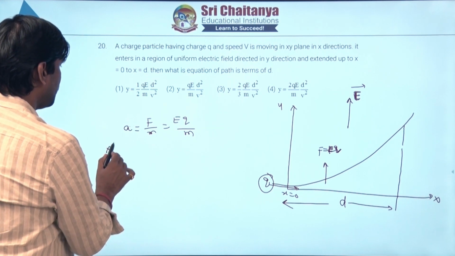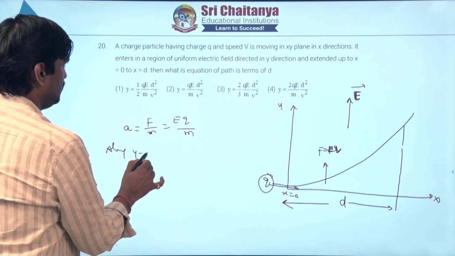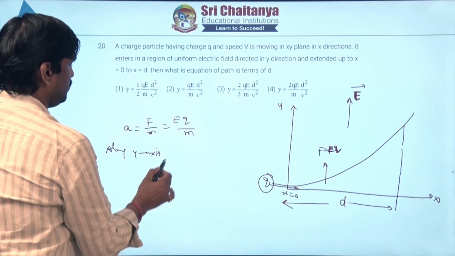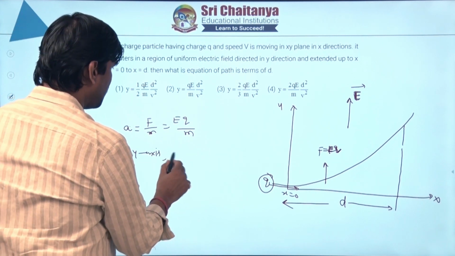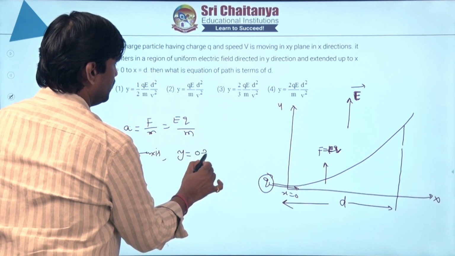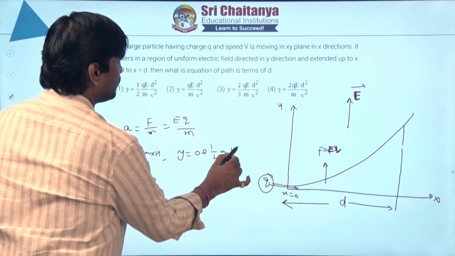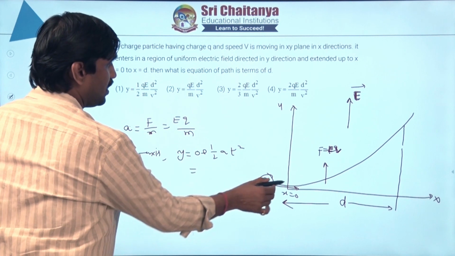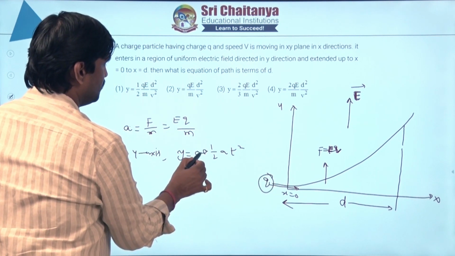Now along y axis, y is equal to ut plus half a t square, because along y axis initially velocity is 0.